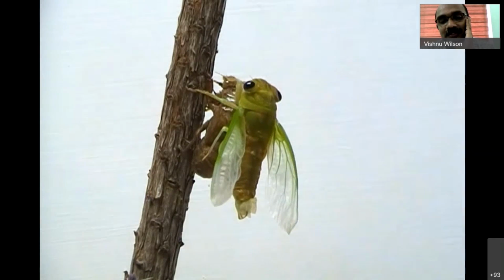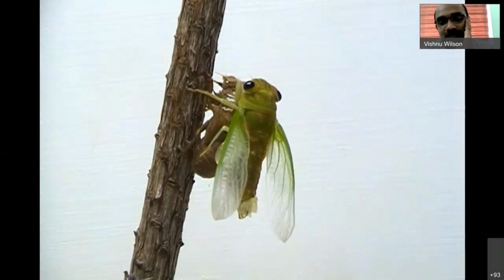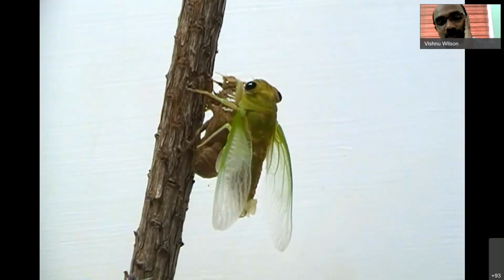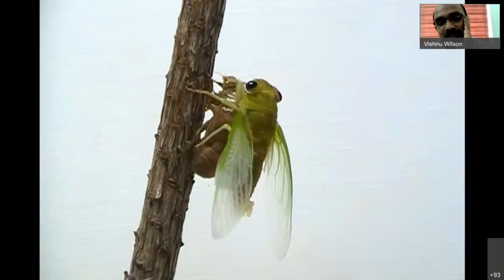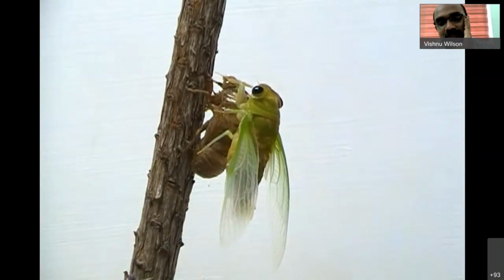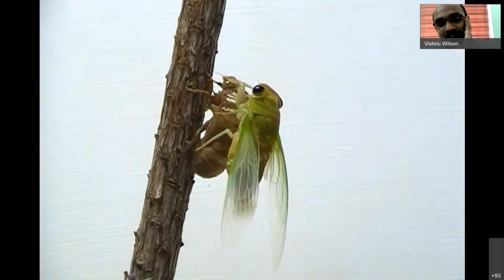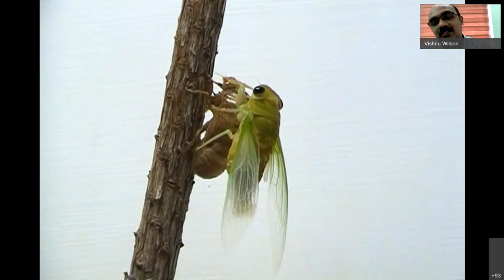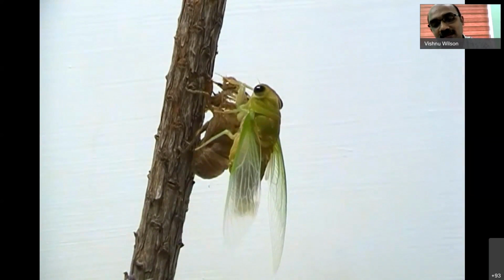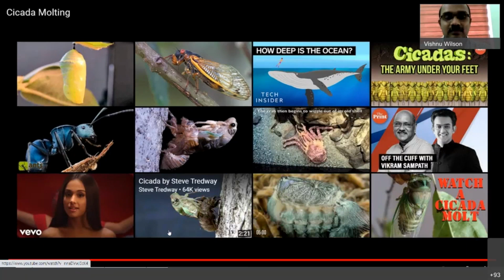It will expand now. See the size now. It is bigger than the old one. See this, slowly the color changes, slowly it gets sclerotized. So you can see a lot of this kind of videos. Hope you are familiar with the molting process. Any clarifications?